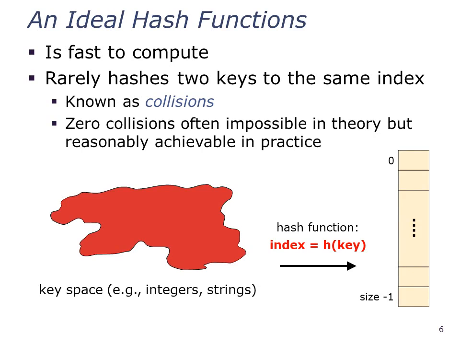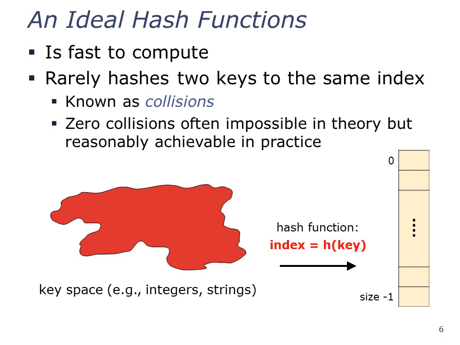So we have seen what a collision is. What is the ideal hash function? The ideal hash function should compute the home addresses fast, and there should be minimum or zero collisions.